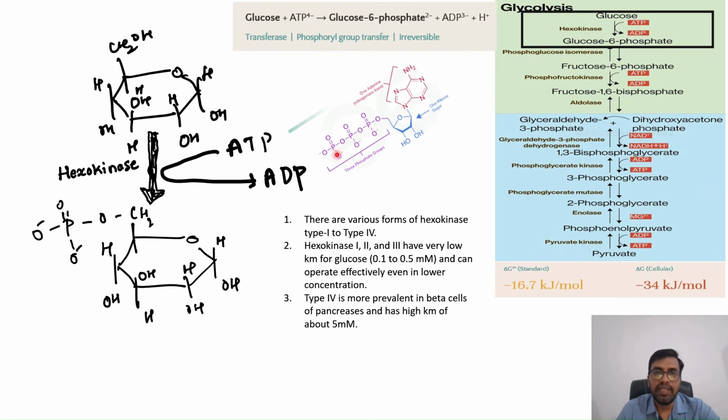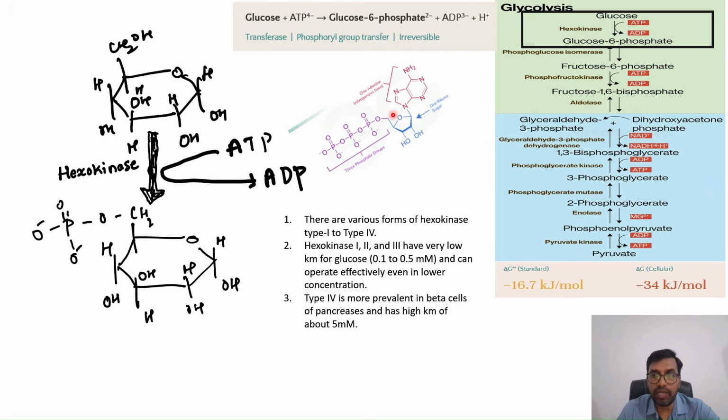If you see here, this is the structure of ATP. In the structure of ATP, we have different components: this is the nitrogen base, adenine, this is the ribose, and these are the 3 phosphate groups. These 3 phosphate groups are named alpha, beta, and gamma phosphate. Hexokinase takes this phosphate group from the ATP molecule.